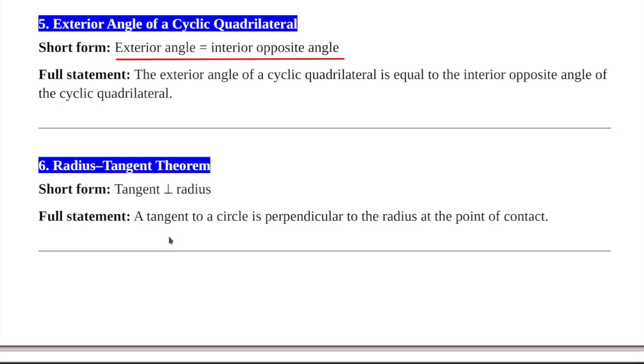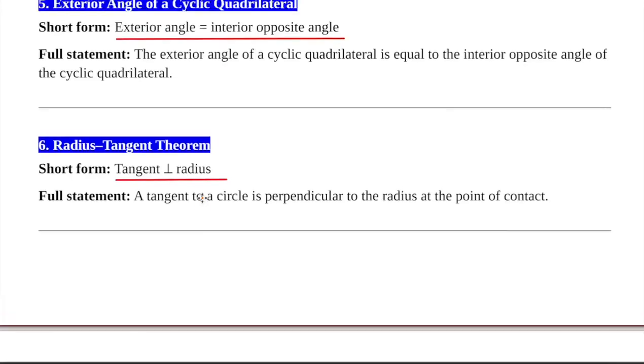Once there is a radius from the center to the point of contact where the tangent touches the circle, the angle formed is always 90 degrees. So this is the short form: tangent is perpendicular, this symbol is for perpendicular, to radius.